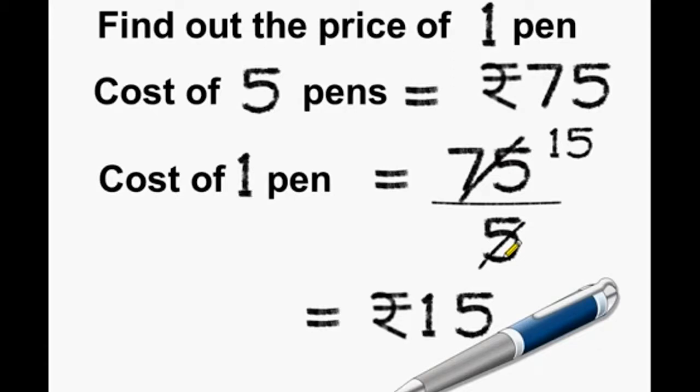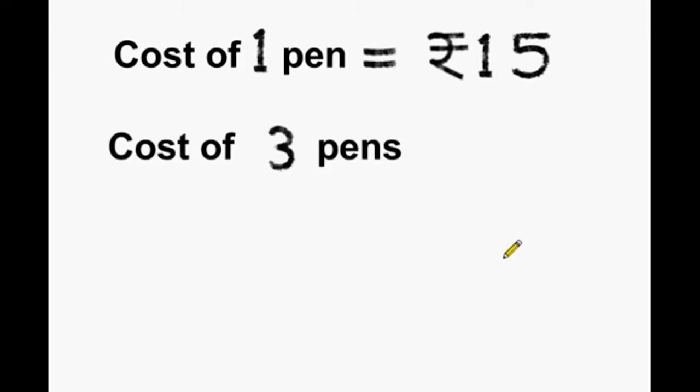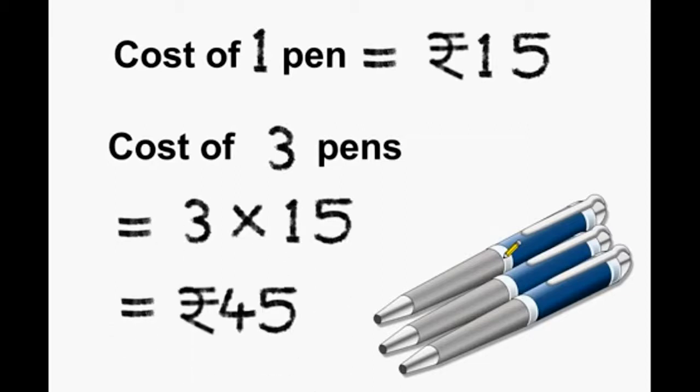Now that we know the cost of 1 pen, which is 15 rupees, we can find the cost of 3 pens. How? It should be 3 times 15, which is equal to 45 rupees. So, the cost of 3 pens is equal to 45 rupees.